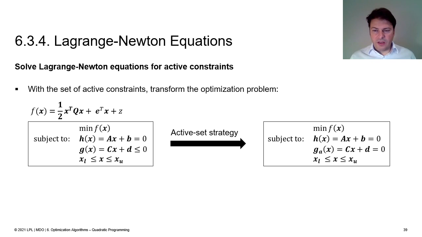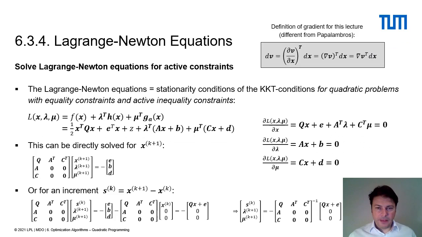So this is the underlying idea of the active set strategy, but we need to carefully update the information, what constraints are active and what constraints are not active. For those constraints that are active, we can solve the stationarity conditions, the so-called KKT conditions, for quadratic problems.